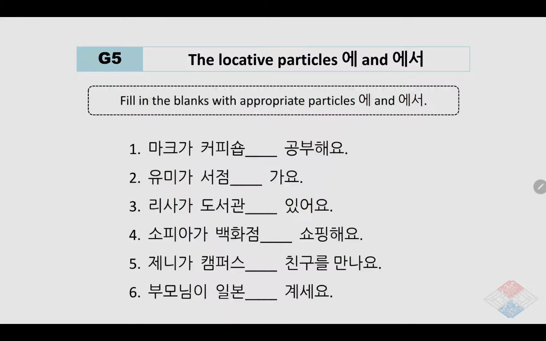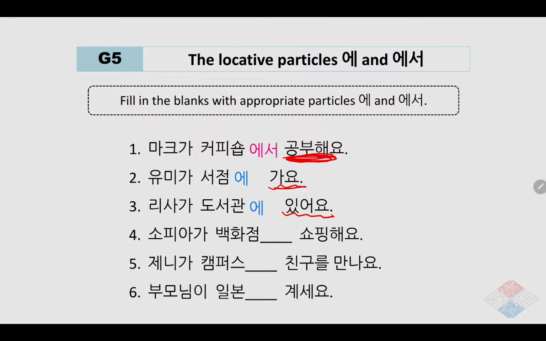Cool. So let's do some exercises. Fill in the blanks with appropriate particles 에 and 에서. 마크가 커피숍에서 공부해요. Oh, very dynamic. So 에서. 유미가 서점에 가요. Just going. So 에, right? 리사가 도서관에 있어요.